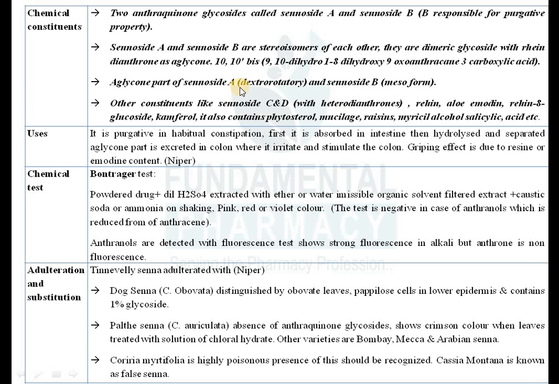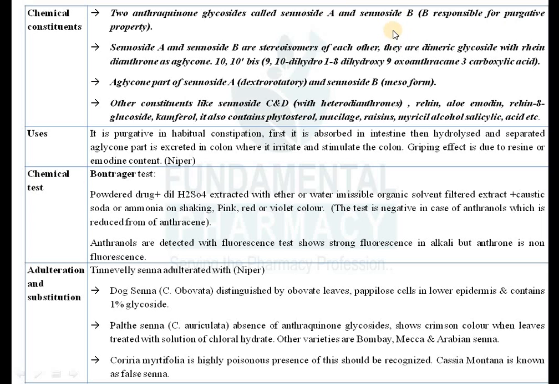Again, along with these two A and B, sennoside C and D are also present in the senna. Heterodianthrone. Heterodianthrone means what? यहाँ पे two exactly same dianthrone नहीं है, यहाँ पे अलग अलग. Again, along with this, rhein, aloe-emodin, rhein 8-glucoside, kaempferol, also contain phytosterol and mucilage and all that. Okay? So these are the important chemical constituents.